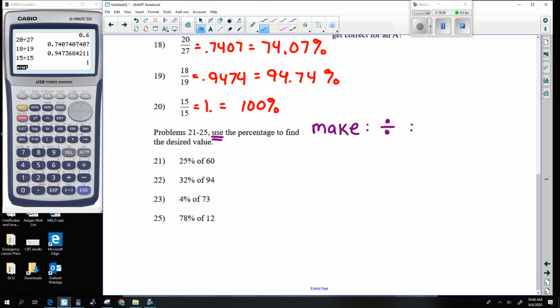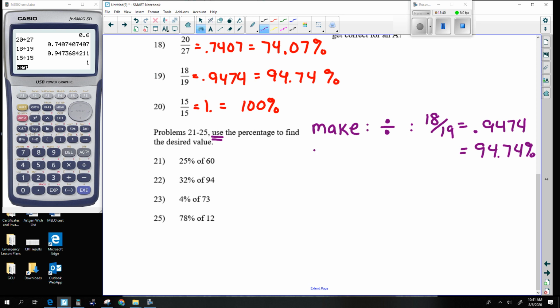An example would be 18 out of 19 kids love statistics. What percentage is that? Well, you don't have the percentage, so you create the percentage. And so 94% of the kids like statistics. So if you don't have a percentage and you need to create one, you divide.